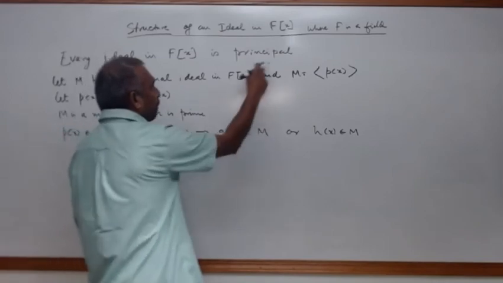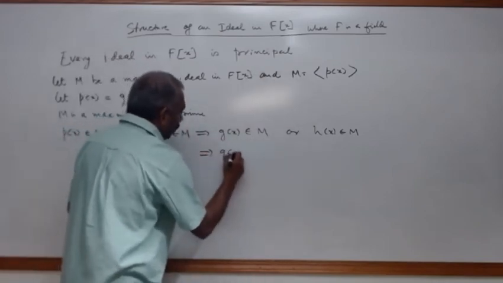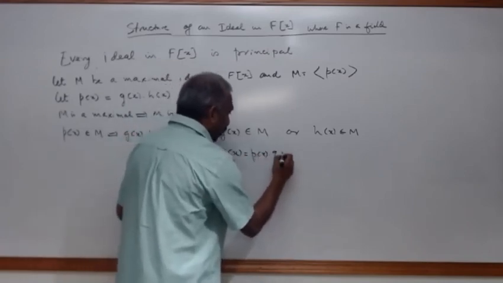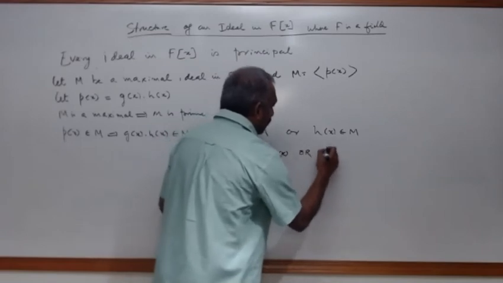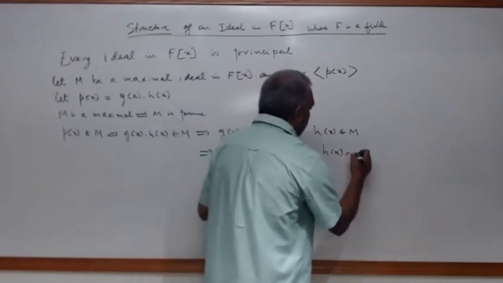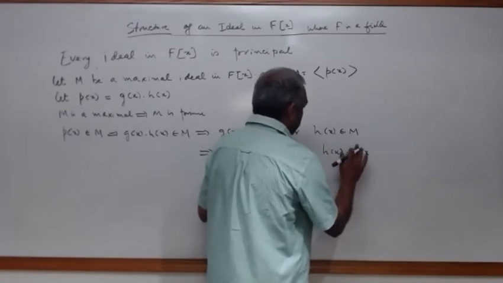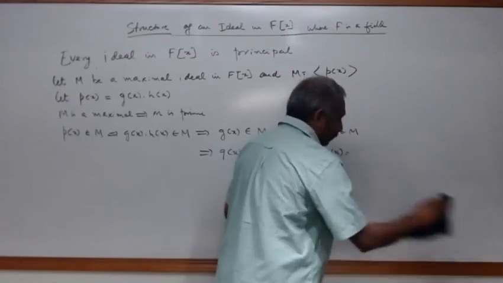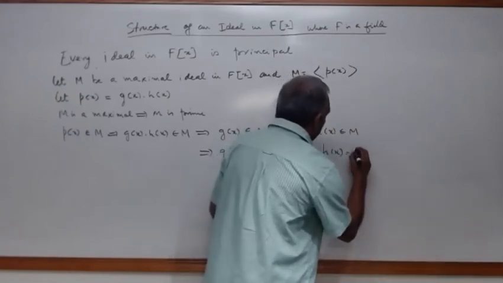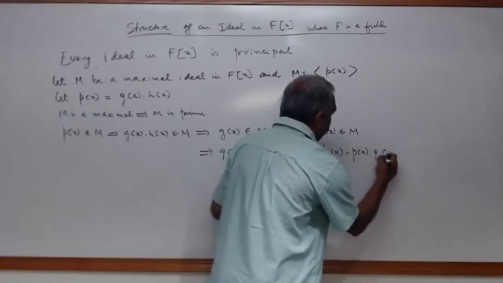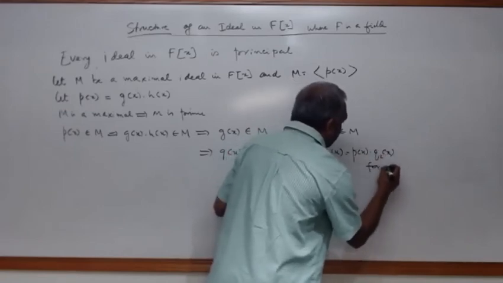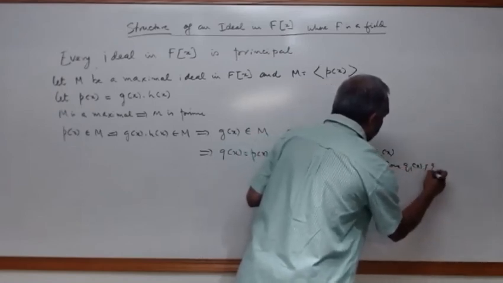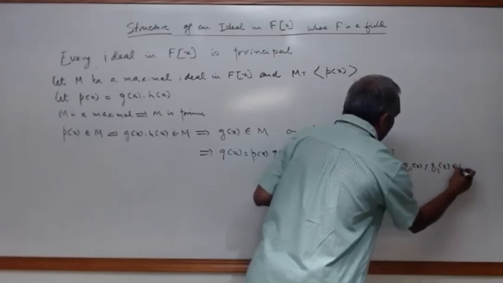And M is generated by p(x). That implies g(x) is equal to p(x) times q1(x) or h(x) is equal to p(x) times q2(x) for some q1(x), q2(x) in F[x].